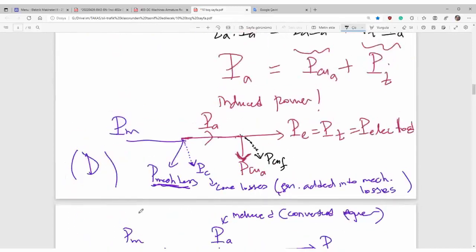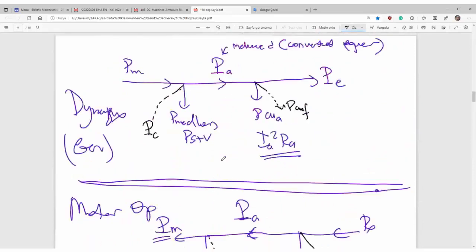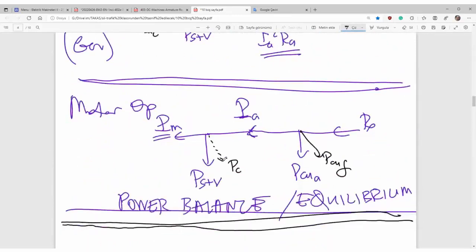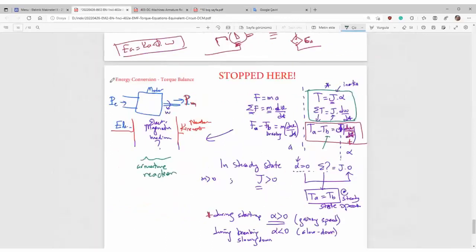Here it was, core losses. But we generally give all of them as mechanical losses. Okay, that was the power balance and energy conversion issues.